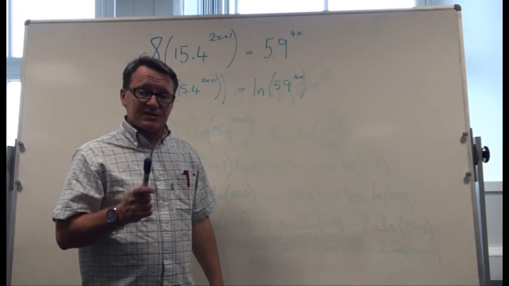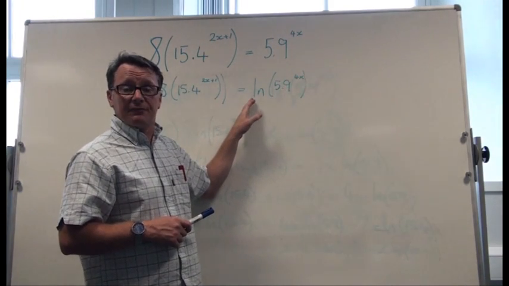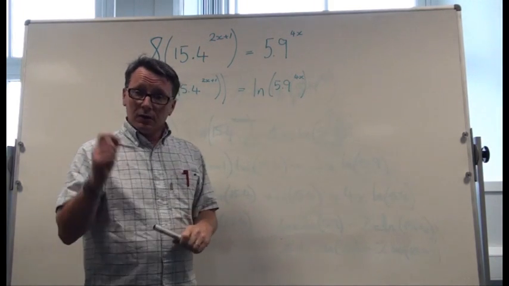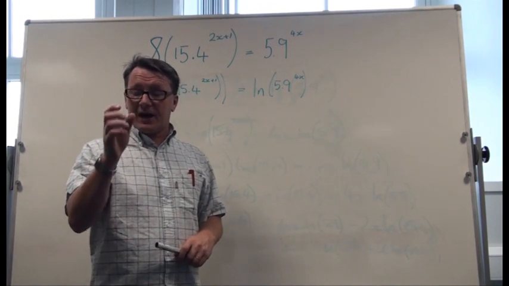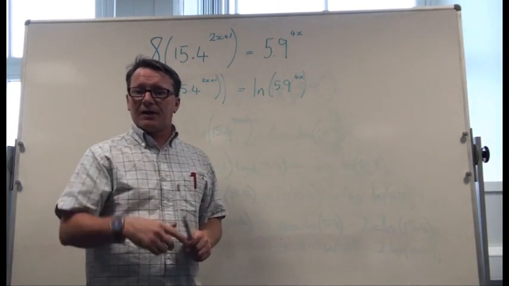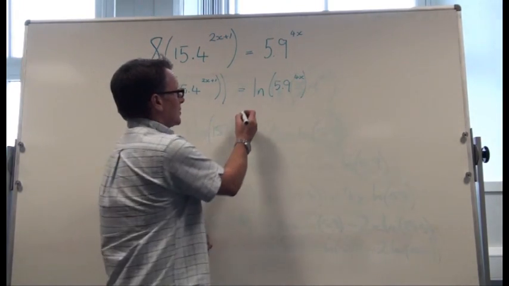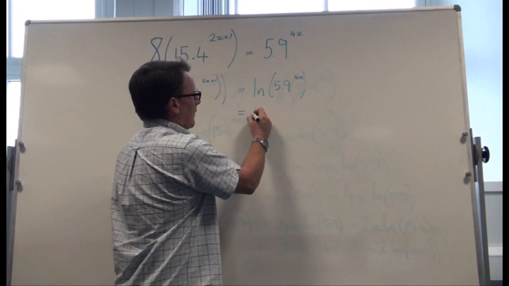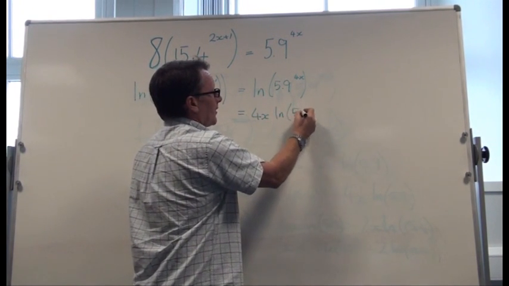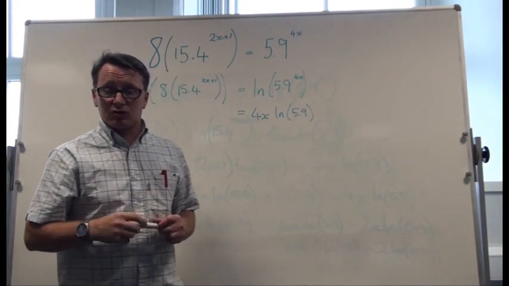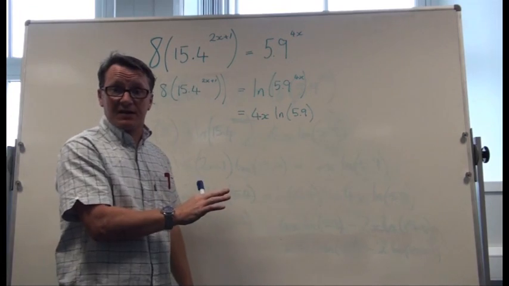One of the laws says that if we have that, then we can bring the power and write it in front of the log. And because the power involves our unknown, we can then get the unknown on the same line as all the other values in this equation. So we get 4x times the log of 5.9, which is much simpler than what it was. Okay, so that's the right-hand side dealt with.